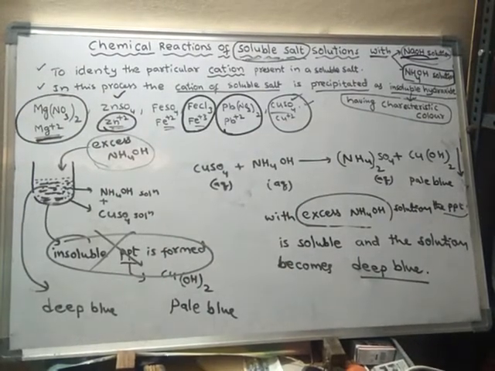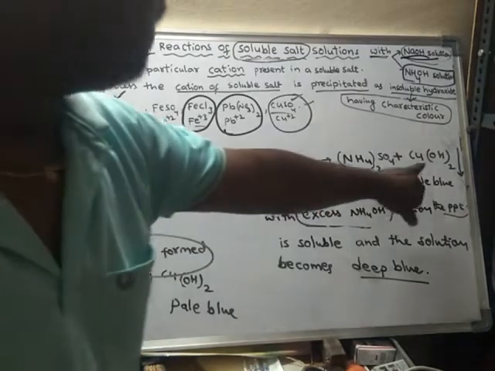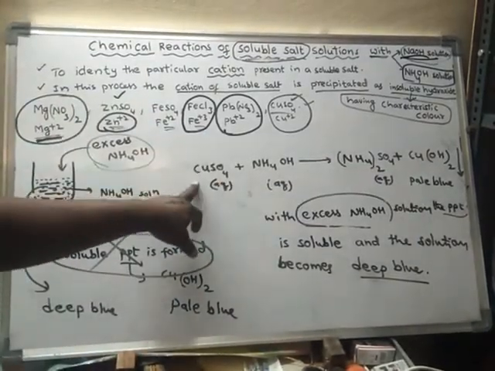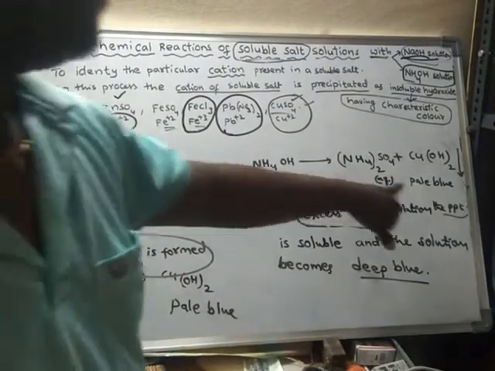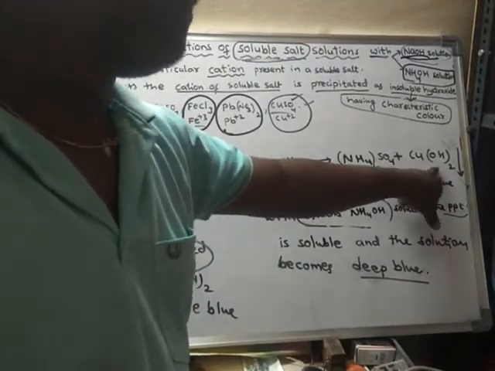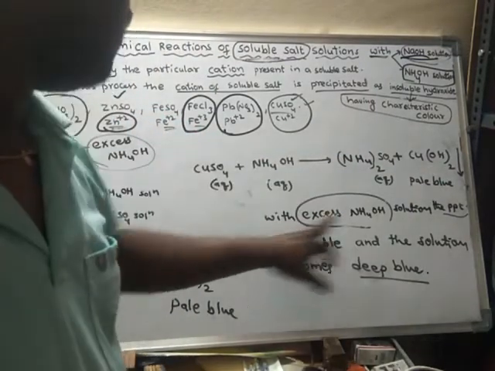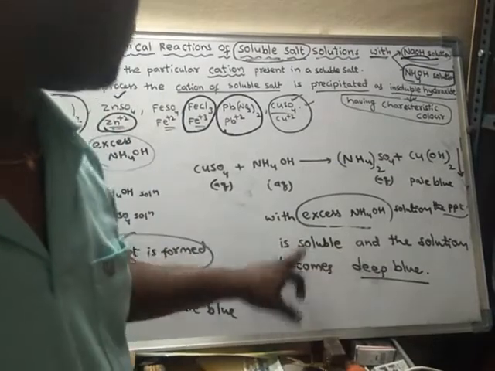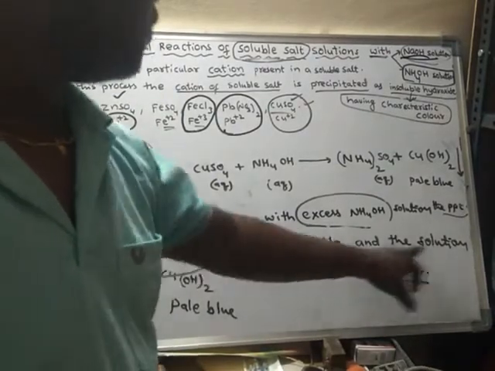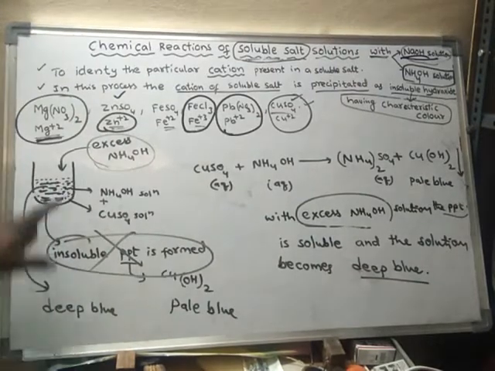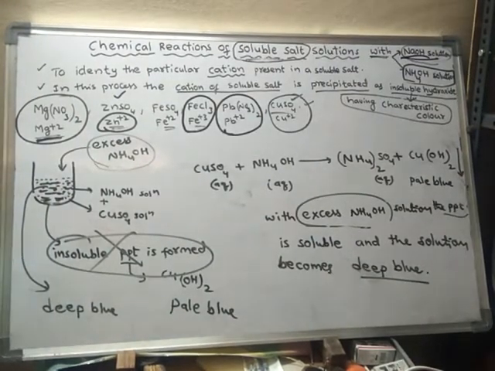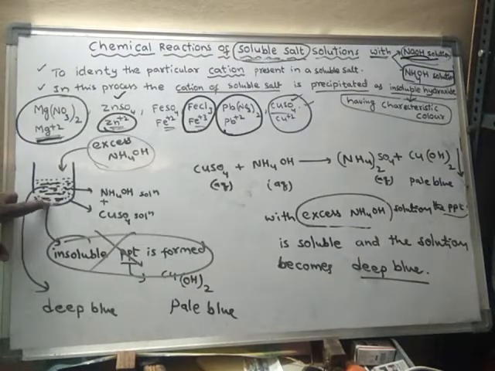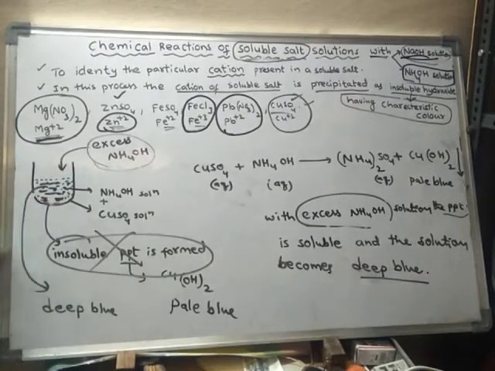So from this it is understood that when the given soluble salt reacts with ammonium hydroxide, a pale blue precipitate is formed, and this precipitate is soluble in excess ammonium hydroxide, and the solution turns deep blue. First the precipitate is formed, and then it dissolves when excess ammonium hydroxide is added, and finally the solution turns deep blue.